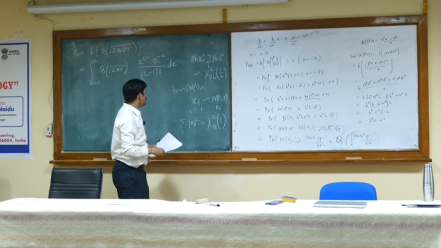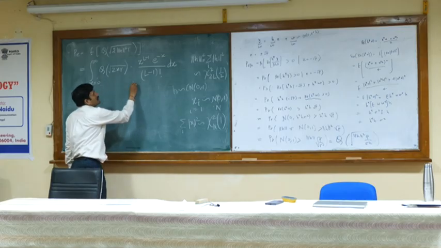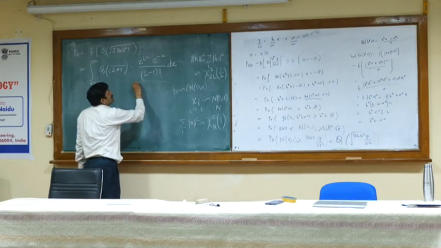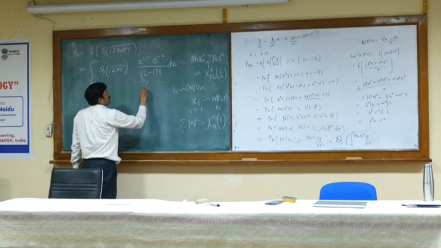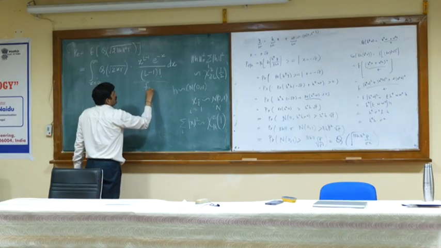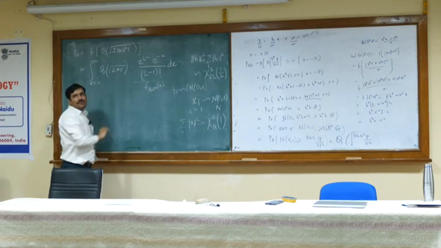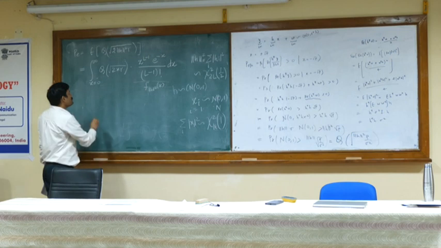So this is what? This is the PDF of the chi square distribution, okay.